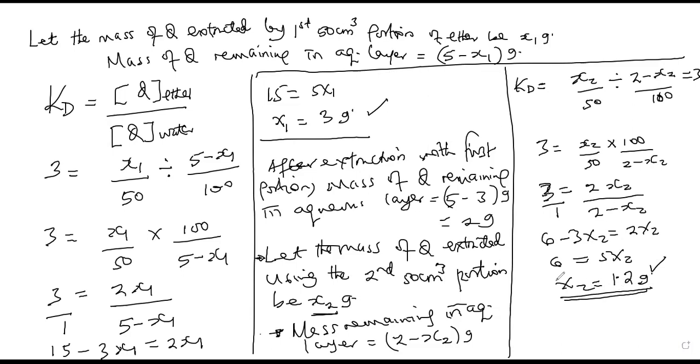Total mass extracted by 2 portions will be equal to x1 plus x2, which is 3 plus 1.2, and this gives us 4.2 grams. When you compare this answer with the other answer we got when someone used the whole 100 at once, which was 3.75, you're going to see that this one has extracted much more solute compared to the one who used it at once.